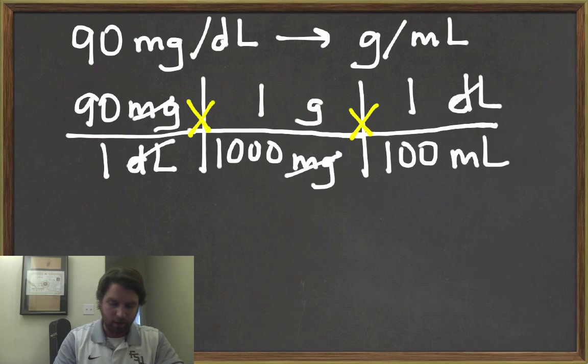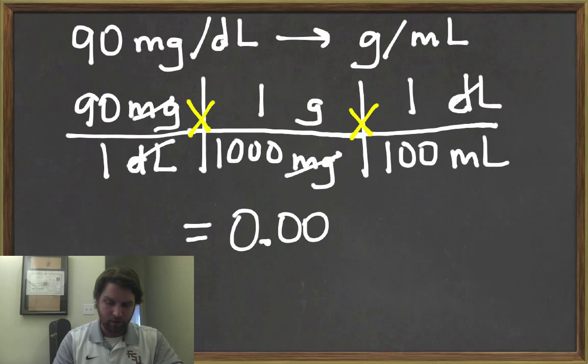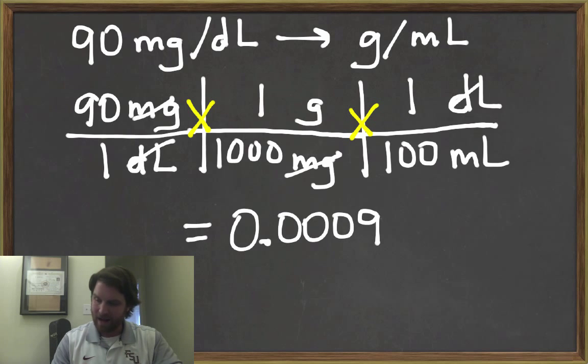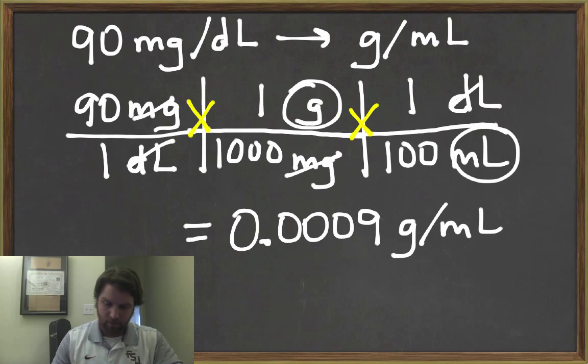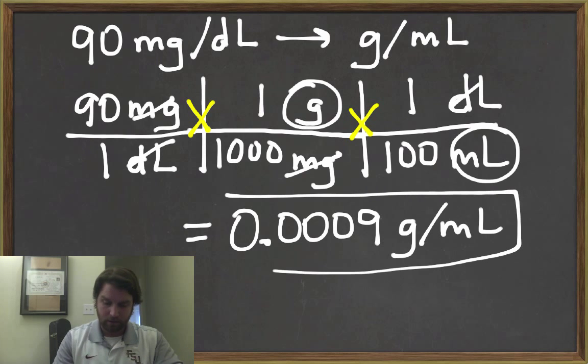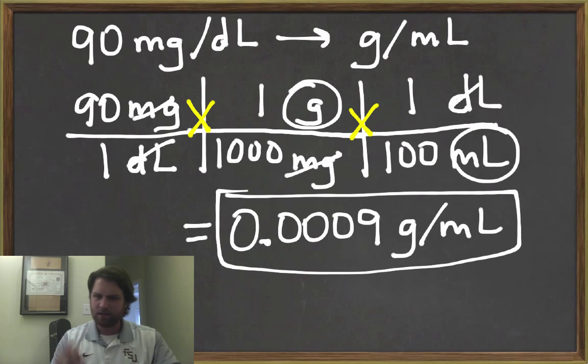If I do that correctly, what I end up getting is 0.0009 grams per milliliter. Look, I've not canceled out grams and I've not canceled out milliliters. Grams over milliliters, and that is my answer. If you didn't get this, check it again and make sure you get that. If not, you can always ask me for help.